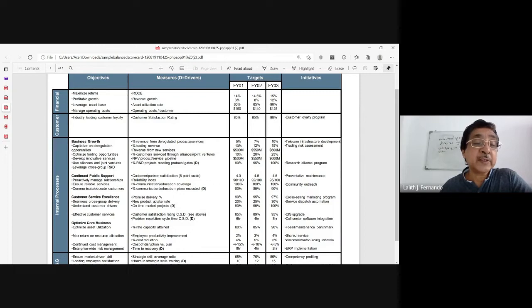Now, when you go into business growth, what are the objectives of business growth? Capitalization on deregulation opportunities.